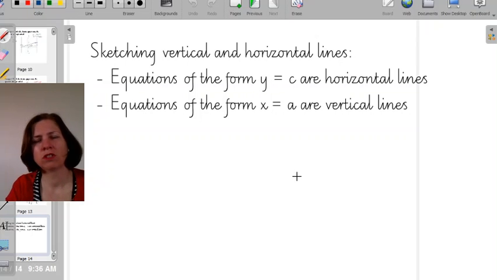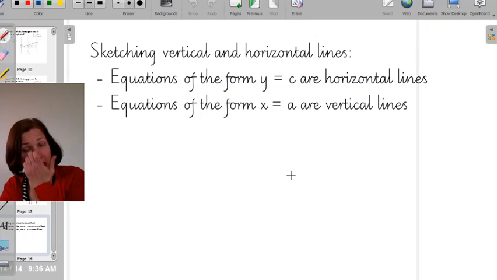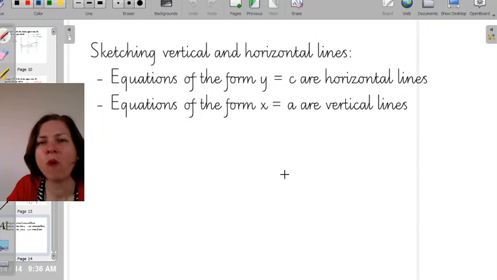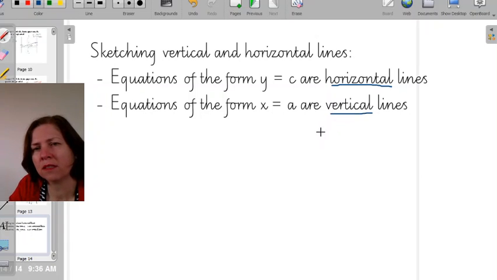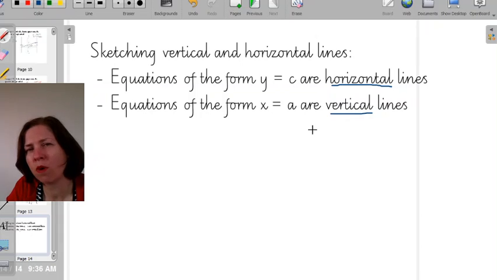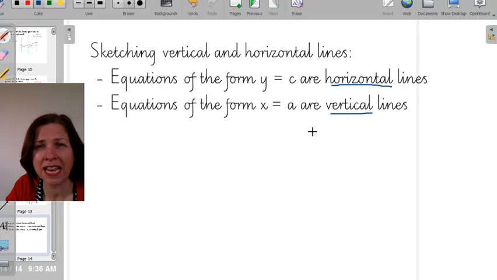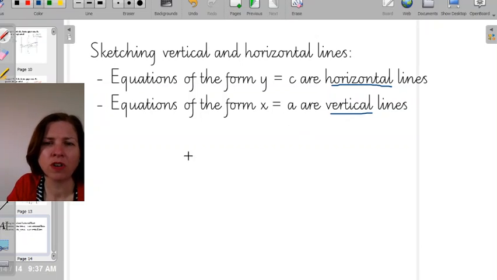So here's my summary. Sketching vertical and horizontal lines. Equations of the form y equals c are always going to be horizontal lines. And equations of the form x equals a are always going to be vertical lines. So that's when you've only got either x or y in the equation, whereas with y equals mx plus c, we've got both of them in the equation. Here we've only got x or only y.